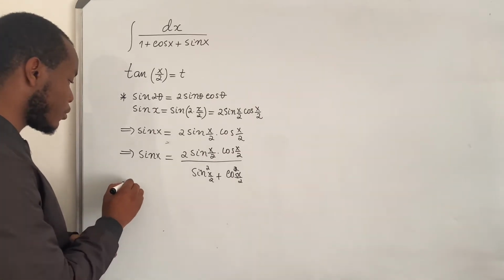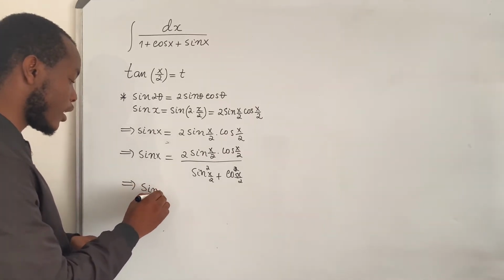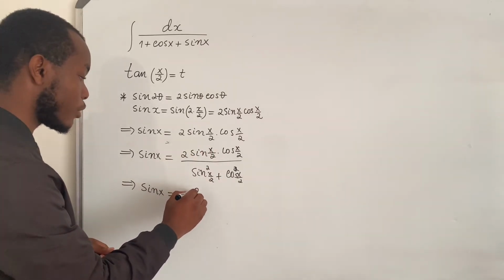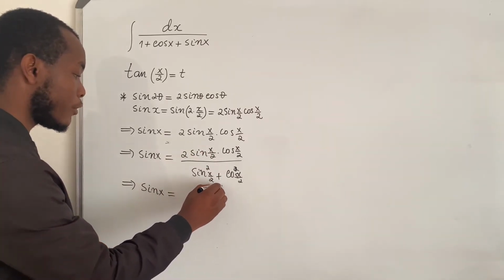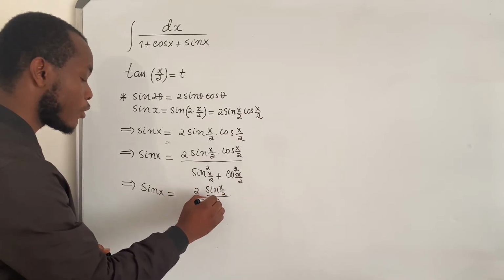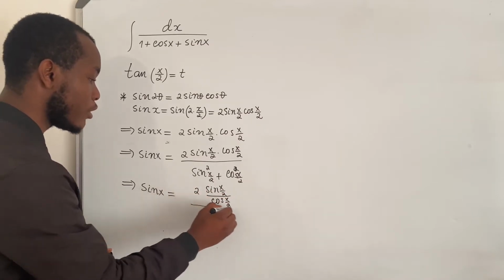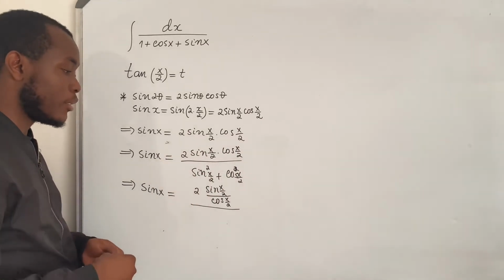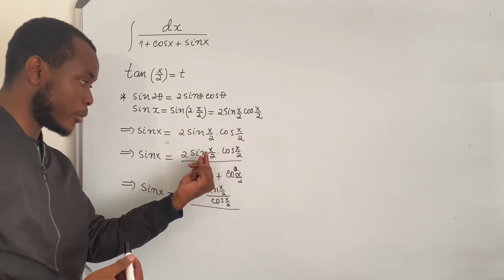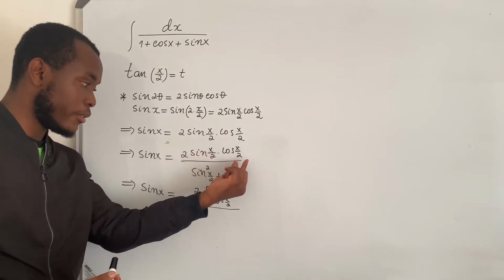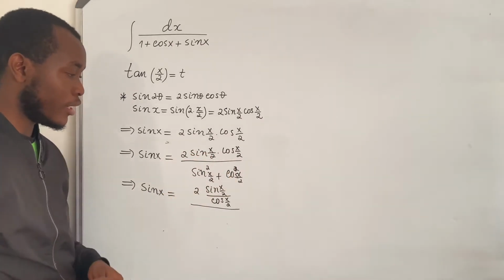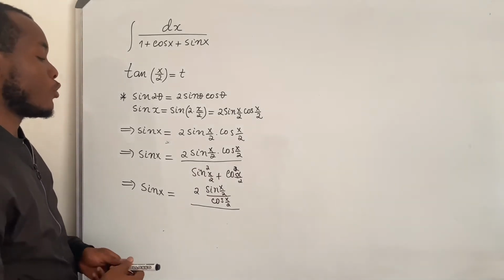So if we do so, dividing here by cos, we're going to have 2 sine of x over 2 over cos of x over 2. This cos is eliminated. We're dividing by cos squared in this particular case, because I divide here by cos, I divide here by cos, I divide here by cos squared, and I divide here as well. So what is going to happen?